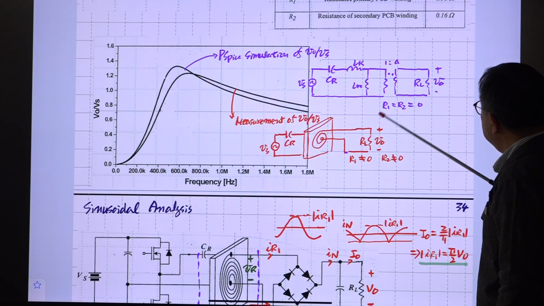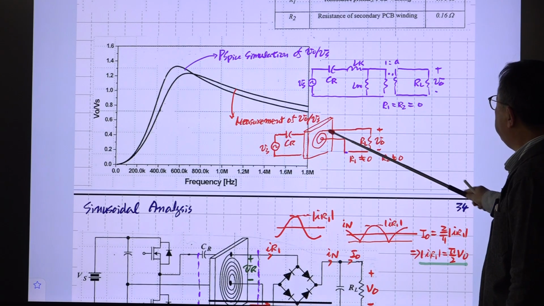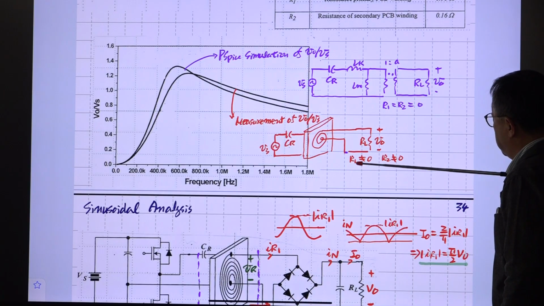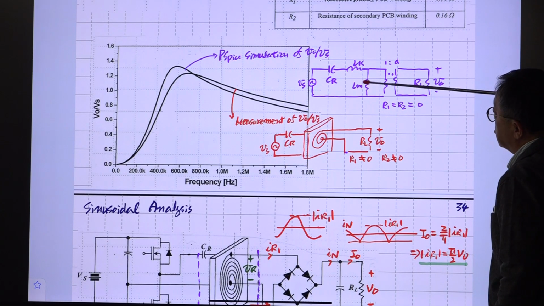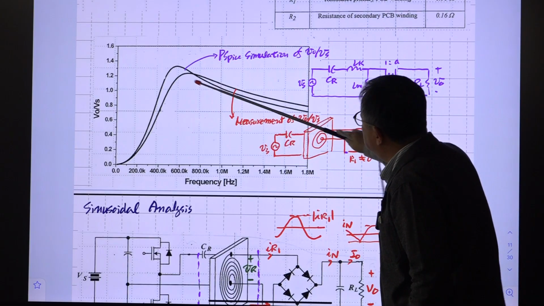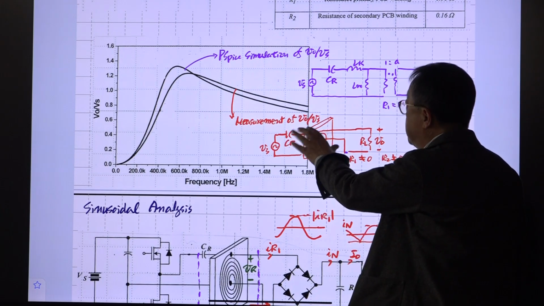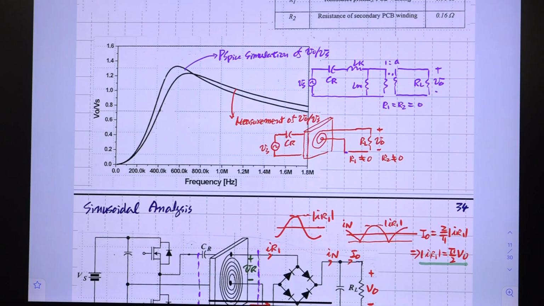So in here, we assume this R1 and R2 is 0, but in hardware, we cannot eliminate this winding resistance. So this will be different from 0 and maybe different from the DC resistance. Somehow, because of that, maybe there is some error in between here, but this is okay. Okay, we have maybe 20% maximum error in measurement and the simulation. Okay, this might be okay.